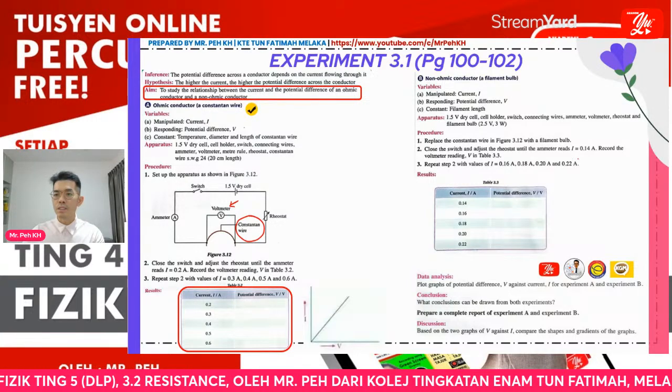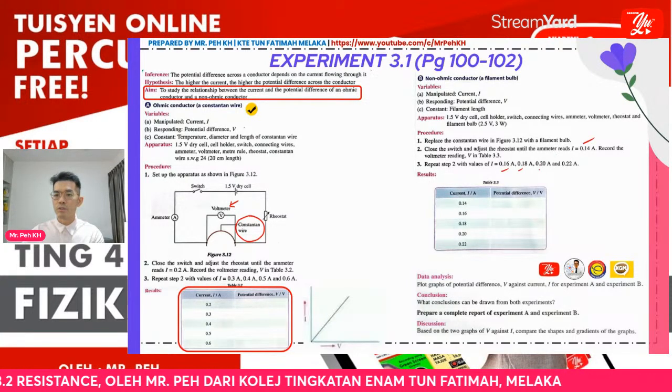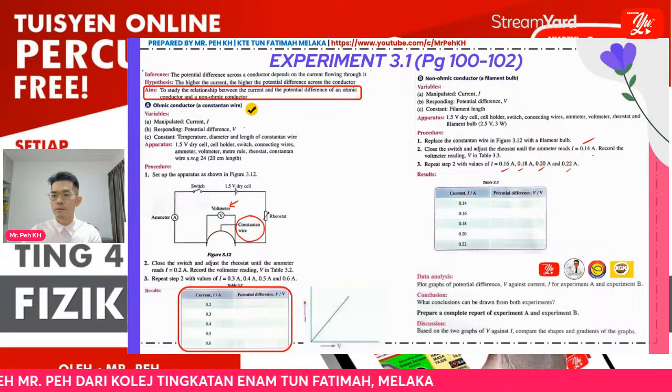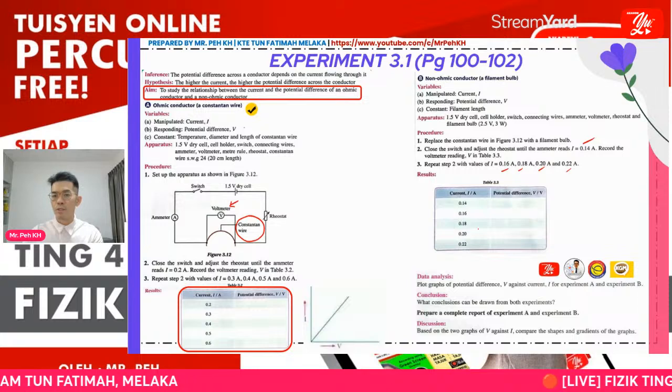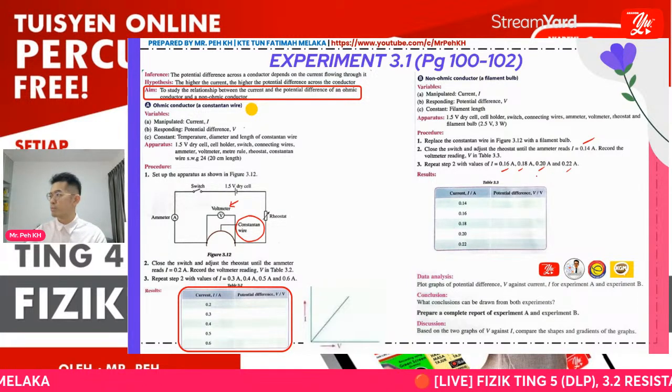Again, we will be using a different set of data here. We have a current of 0.14 ampere until 0.22 ampere, following table 3.3 in your textbook.